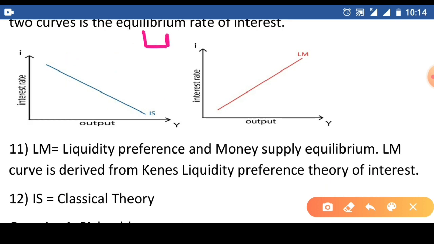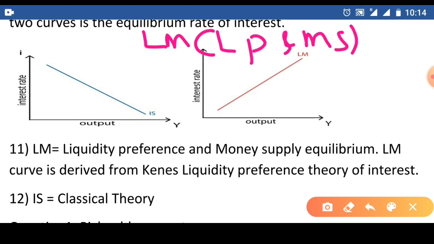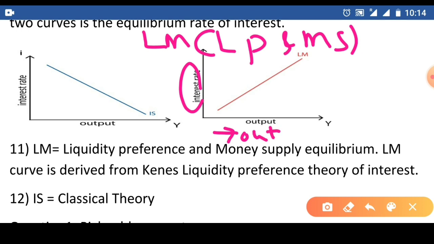Now we will discuss the LM curve. LM is nothing but liquidity preference and money supply. Here on the y-axis we have interest, and on the x-axis we have output. This output is nothing but liquidity.